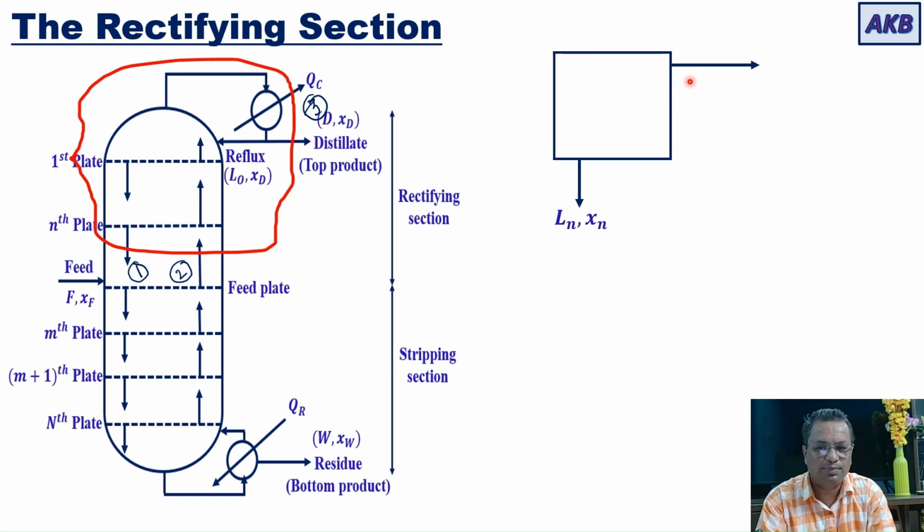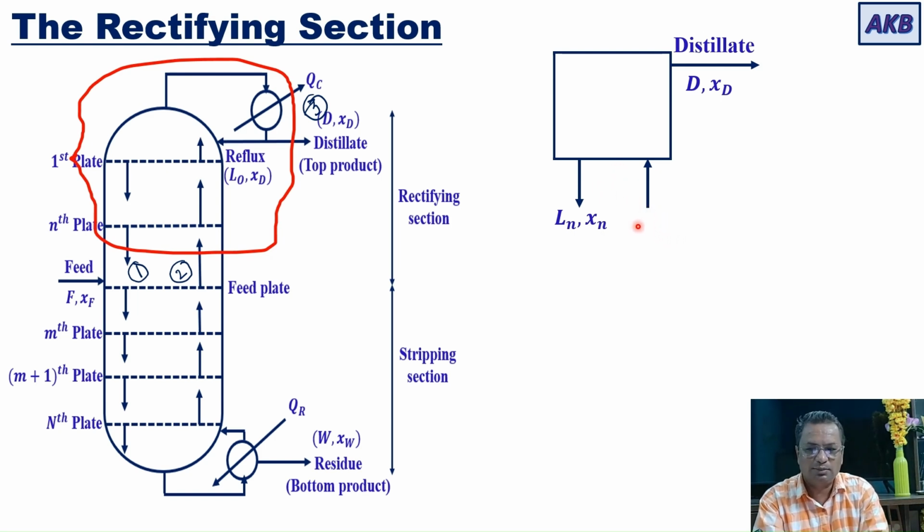Then at the top, the distillate stream is coming out, so it will be D XD. And at the bottom of this block, the vapor stream is going in, coming from the tray next to the nth plate, which is the n plus 1 plate.